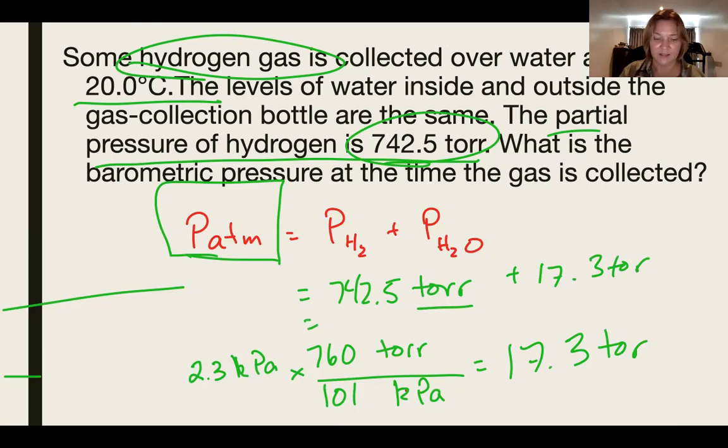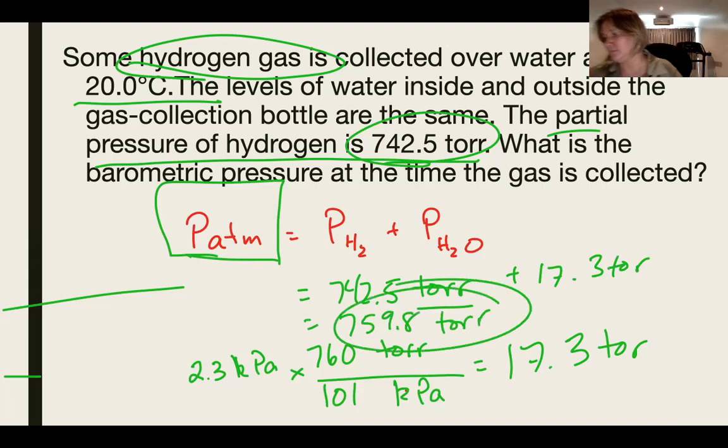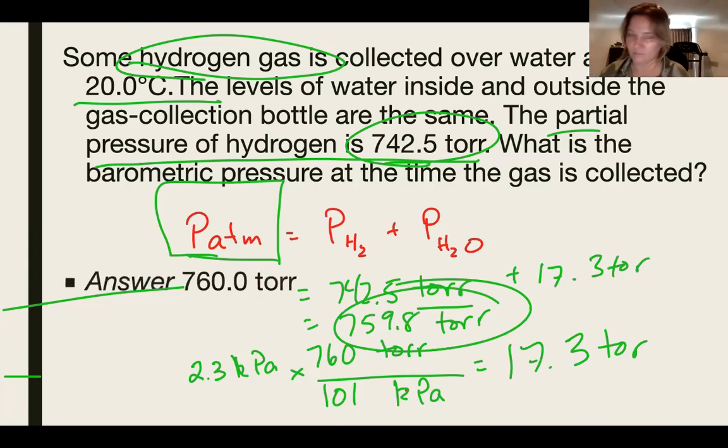So that plus 742.5 is equal to 759.8 torr. Yeah, close enough.